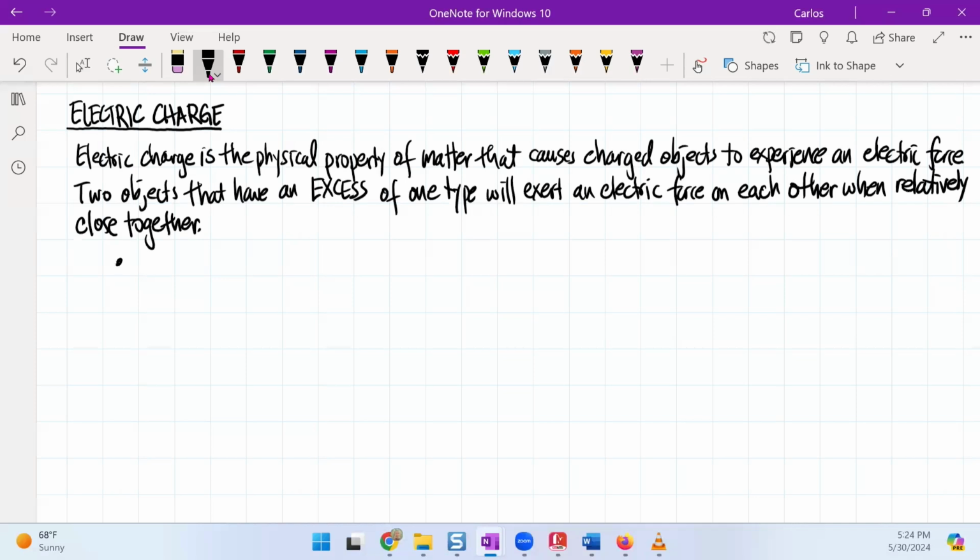In other words, if I have a positively charged object, that implies that there are fewer electrons.